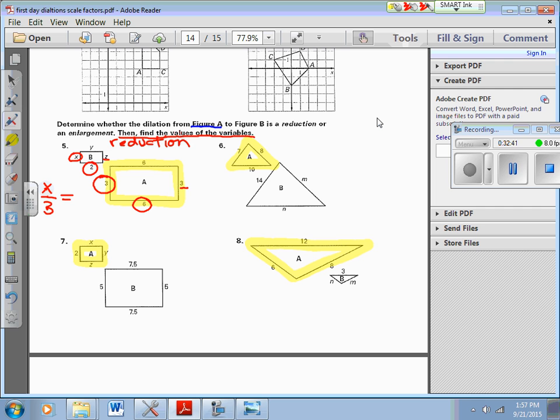I have to do small over big on the other one as well. So that means I have to do x over 3 equal to what on the other side? What should I say equal to? Here's 2 over 6. Does everybody see that the 2 is on the smaller image and it corresponds to the 6, which is on the bigger image?